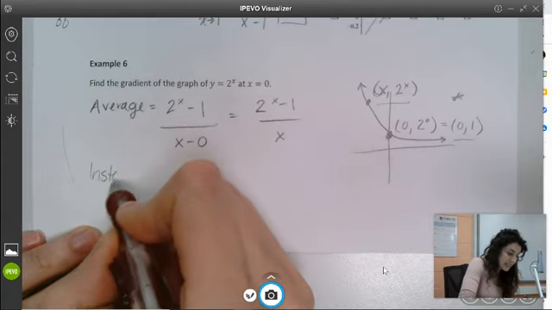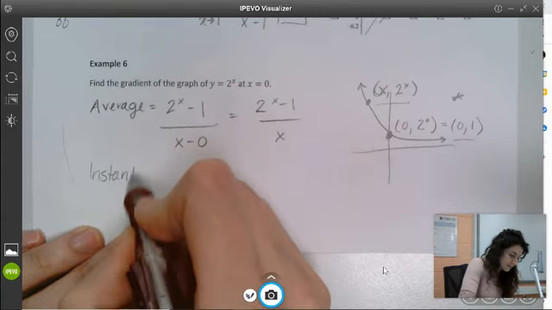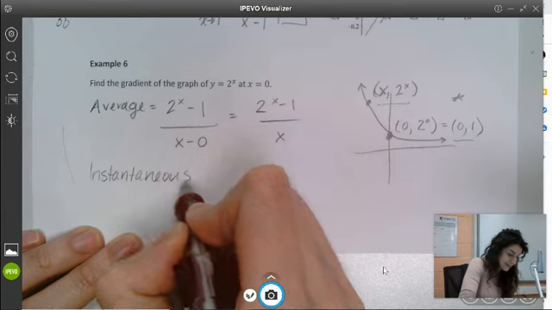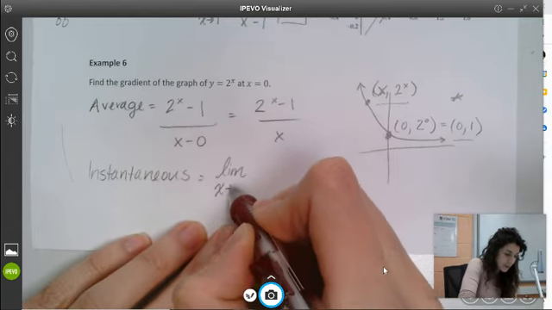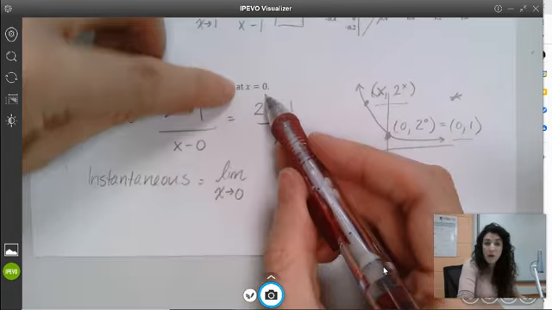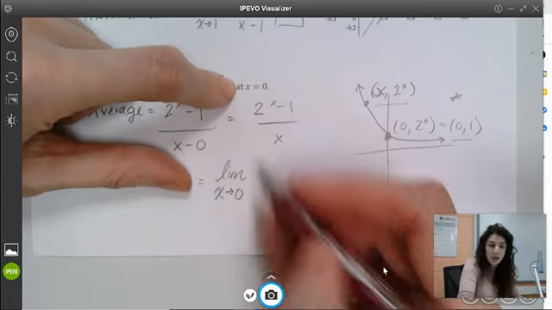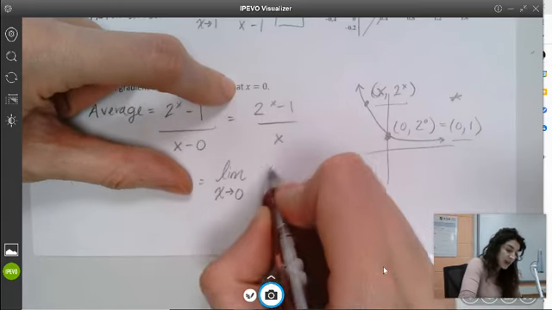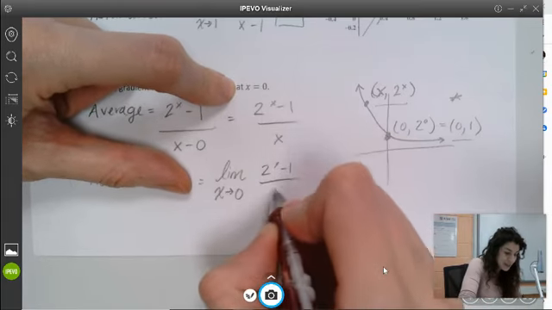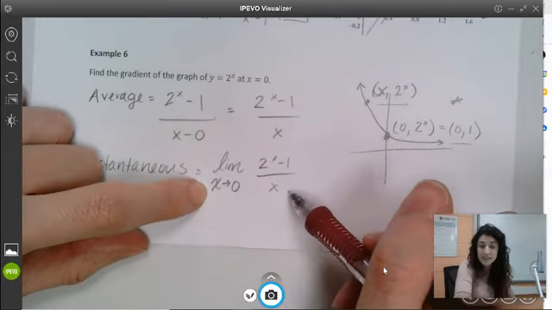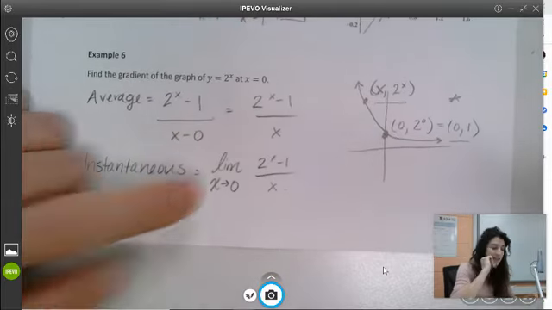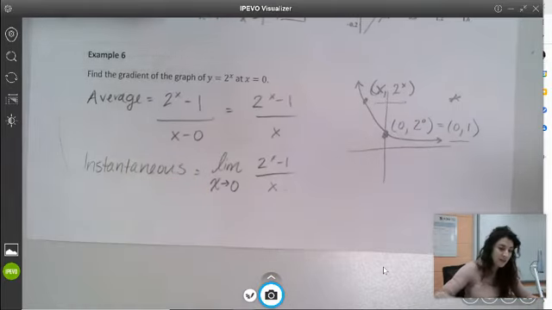If I wanted to talk about the instantaneous, we're talking about the limit as x approaches 0, the point where we want to have that slope of this equation. Notice plugging in 0 just straight into this equation is not going to work because it creates a 0 in the denominator and alarm bells sound.